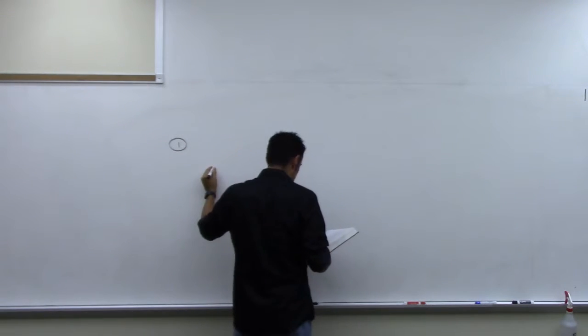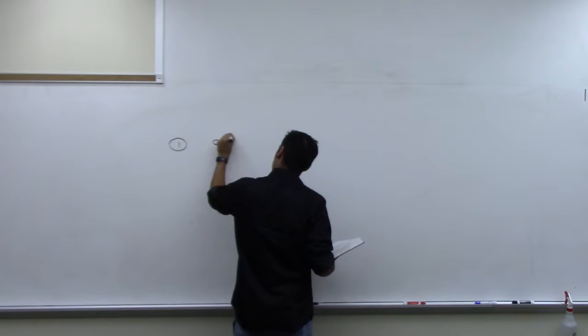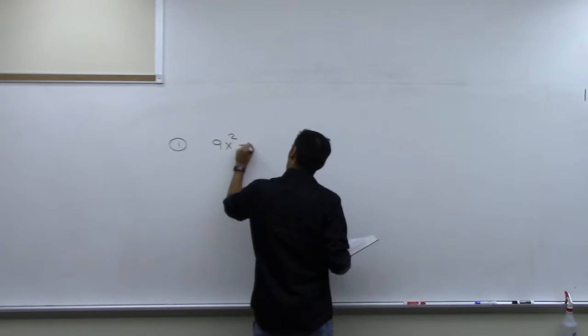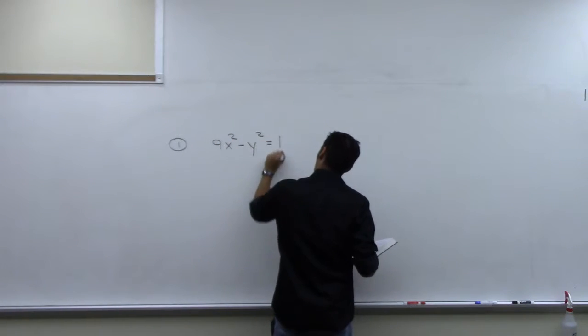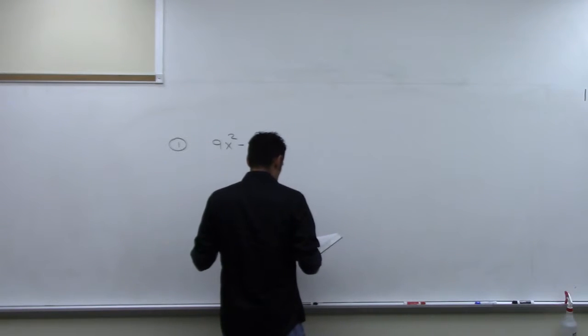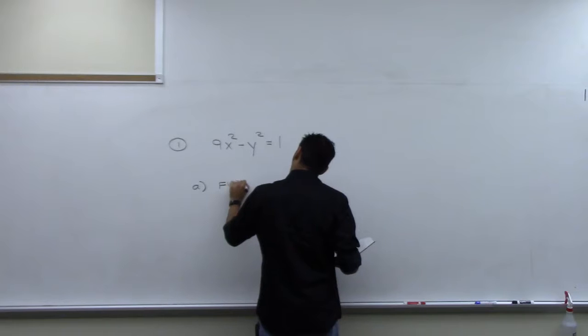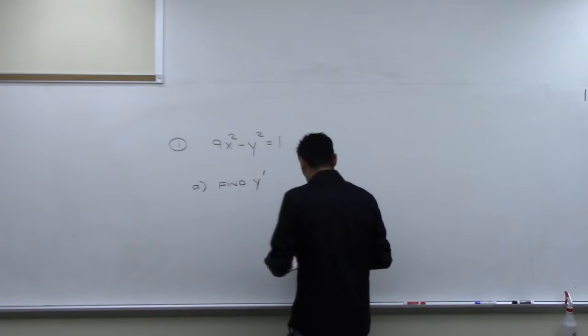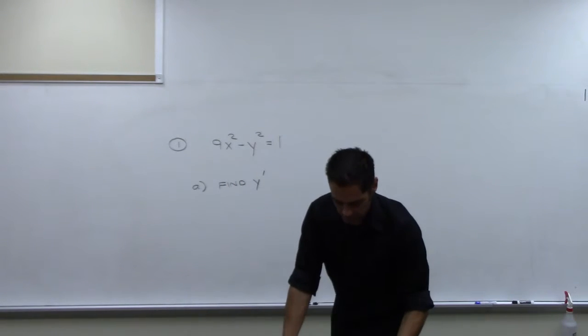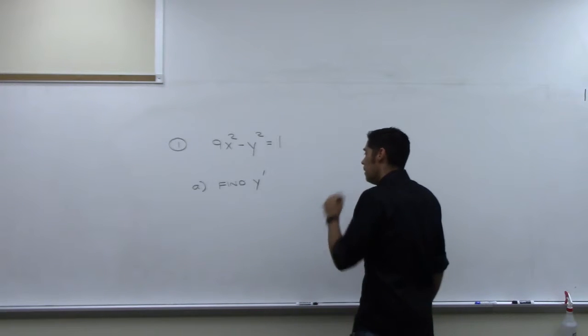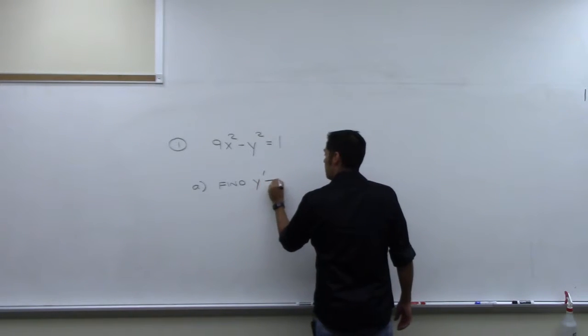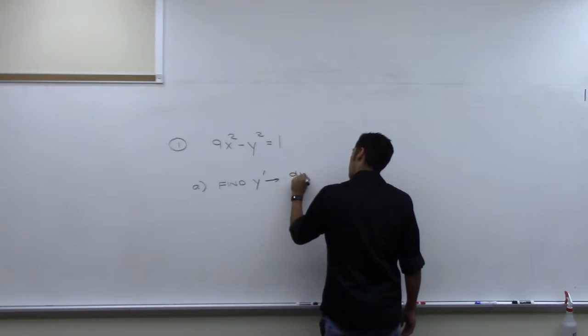They give us 9x squared minus y squared equals 1. And part A is they want us to find y prime using implicit differentiation. So what we need to understand is this means the derivative of y with respect to x.